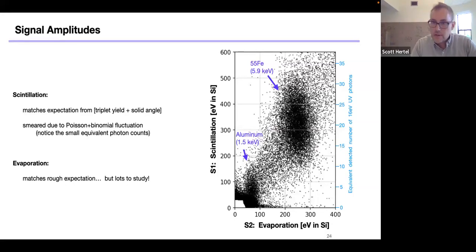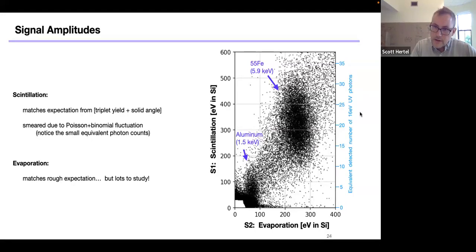If you look at those signal amplitudes separately, I've plotted scintillation on one axis and evaporation on the other. You can see a nice peak in that 2D space for the iron, and you can see this peak kind of straddling threshold for the aluminum.